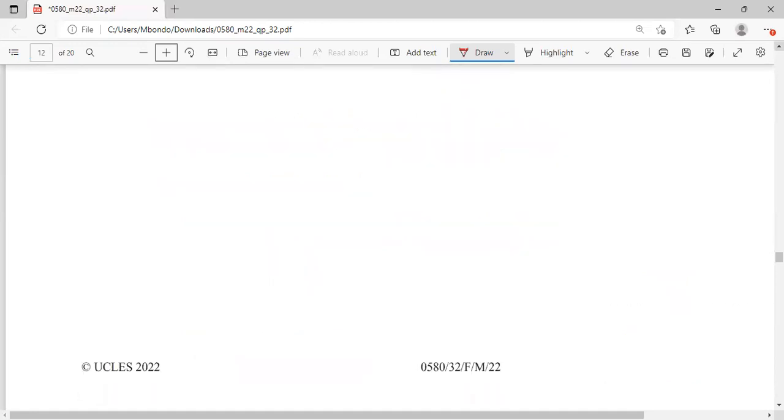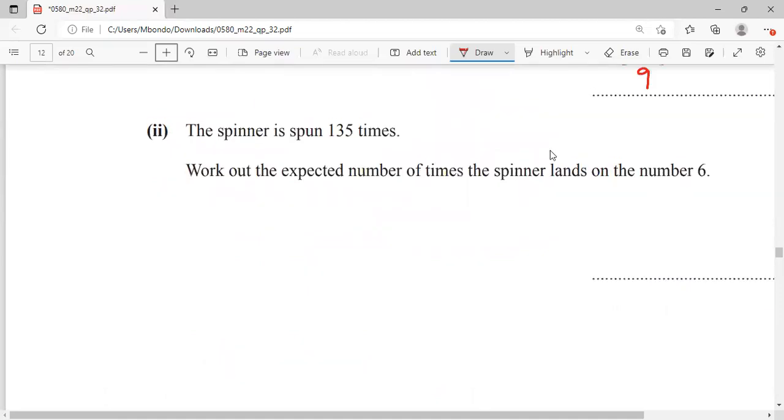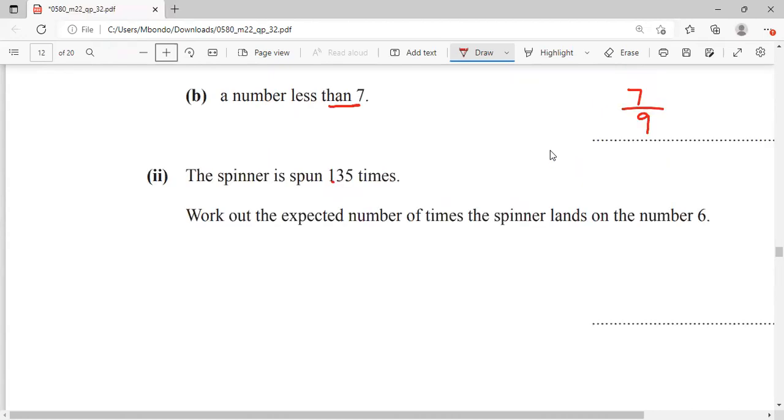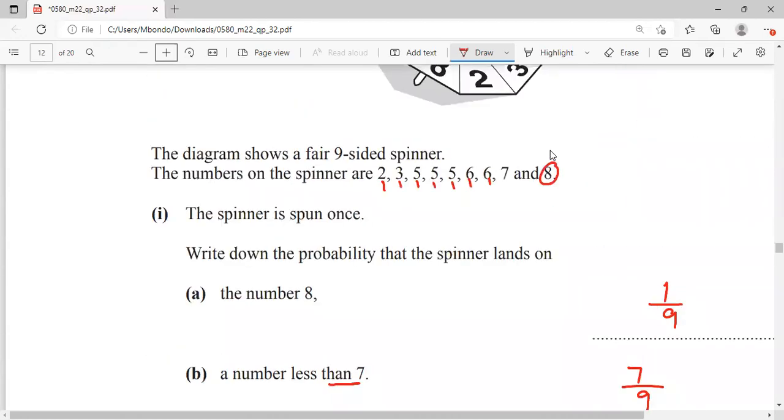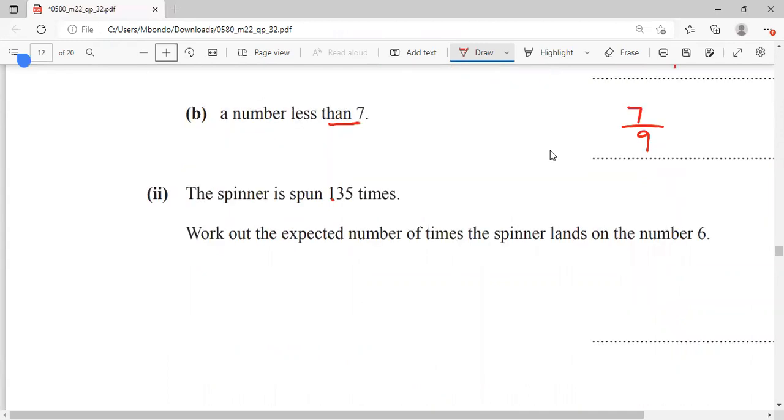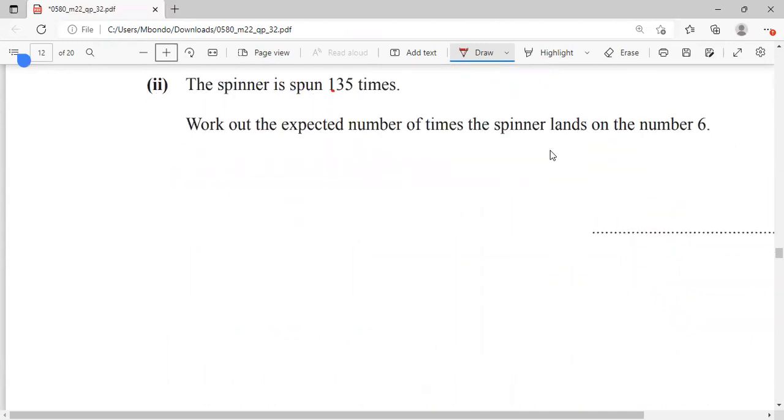All right. Then we have another question here: the spinner is spun 135 times. Work out the expected number of times the spinner lands on the number 6. So how many 6s do we have here? There are 2 of them, isn't it? So we expect a probability of 2 out of 9.